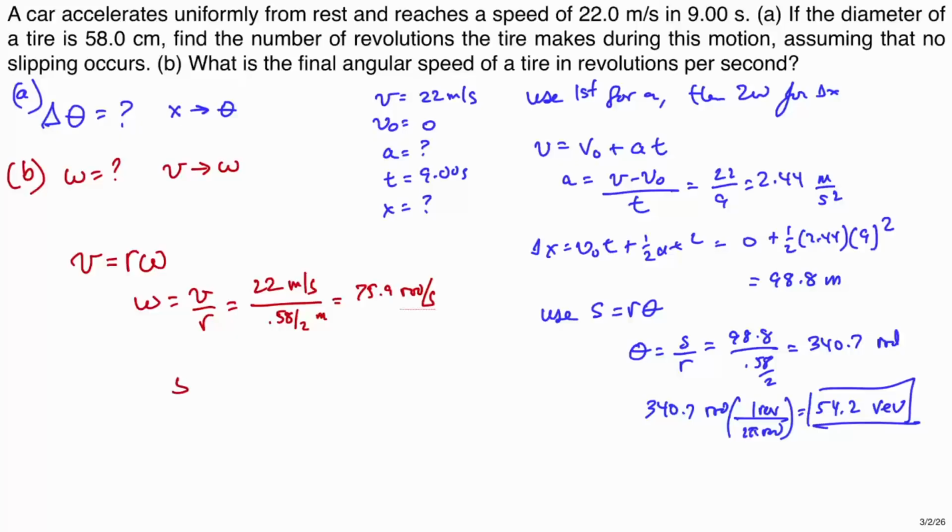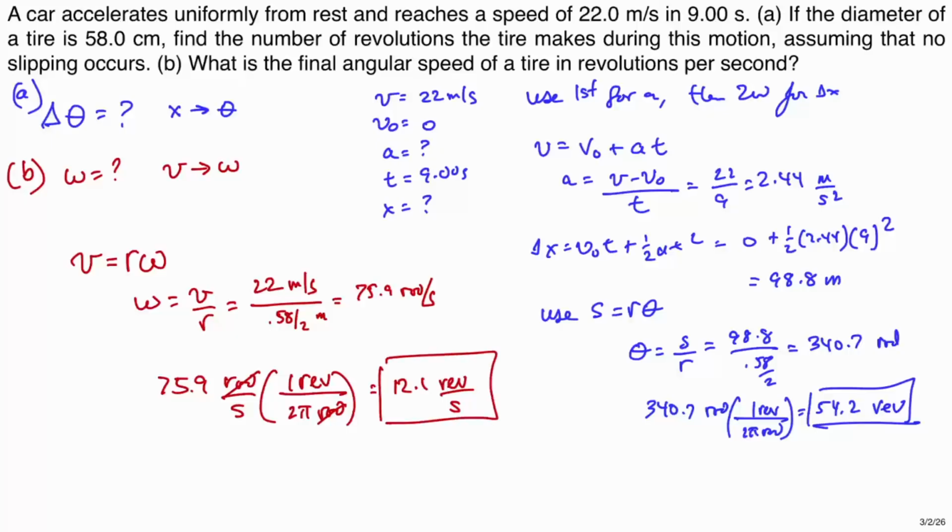Revolutions per second. So 75.9 radians per second, and for 2 pi radians, there's 1 revolution. Radians cancel. Revolutions per second is my answer. 12.1 revolutions per second. Do be careful with the units.